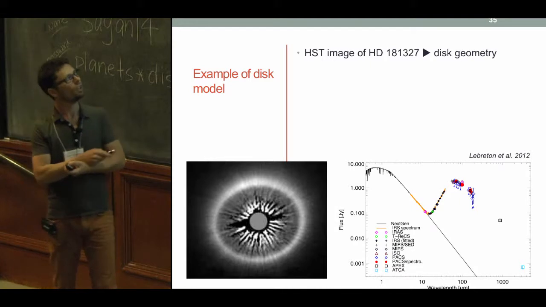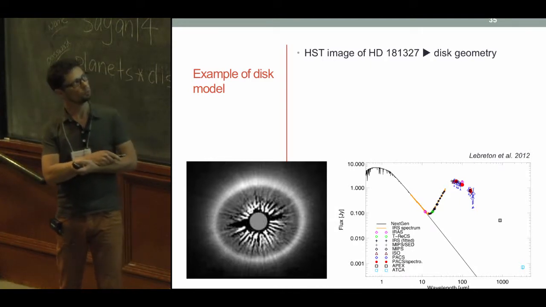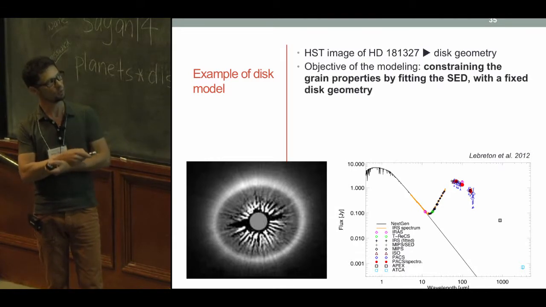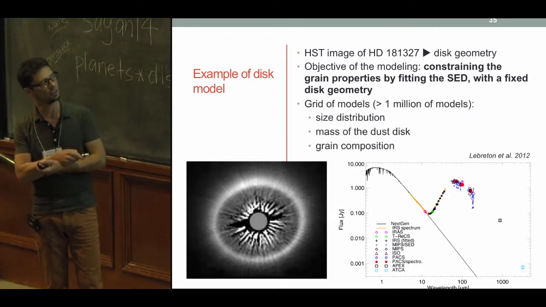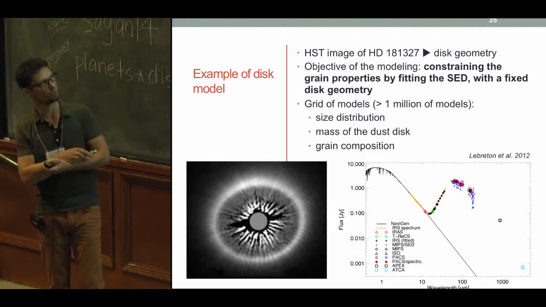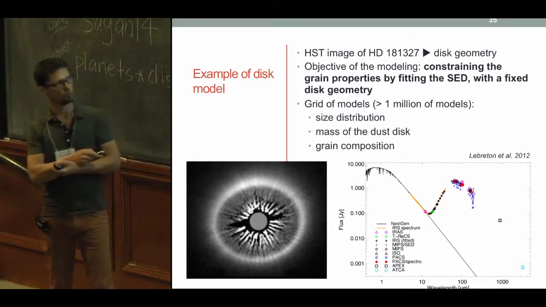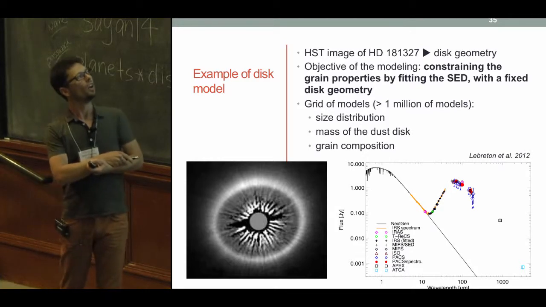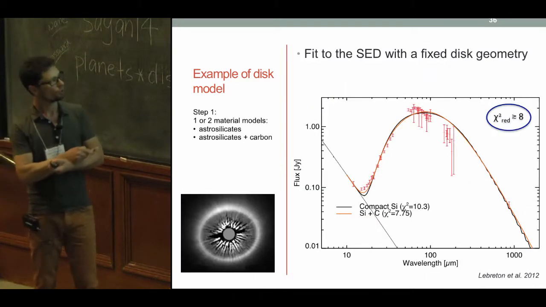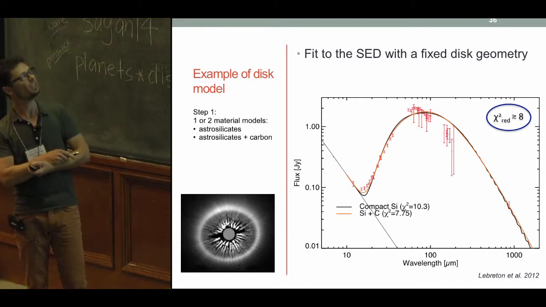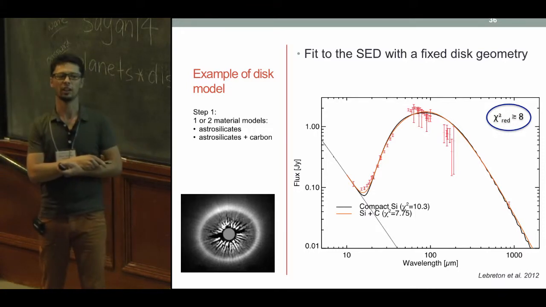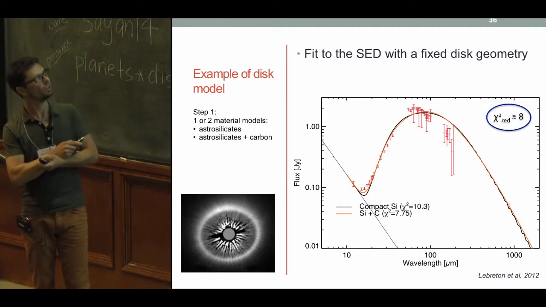So we ran a grid of more than 1 million models for different size distributions and grain compositions, and we have been trying to fit the SEDs that you see here, and everything is published in this paper. And see, the first author is actually in the audience here, if you want to discuss with him. So let's do that. The geometry again is fixed. We fit the SED only. We consider the simplest dust material, silicates, or maybe a mixture of silicates and carbon.